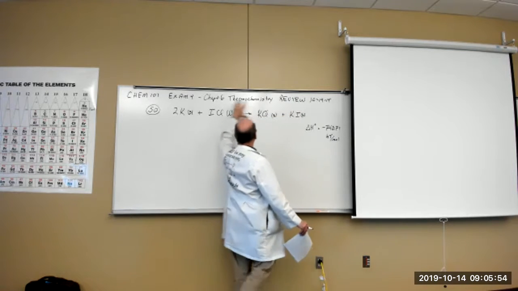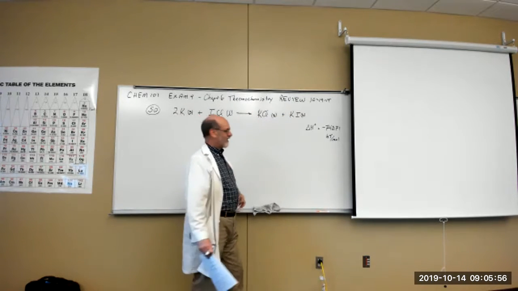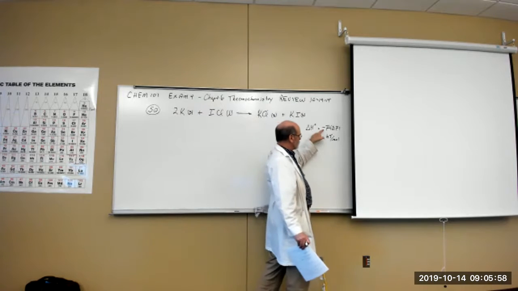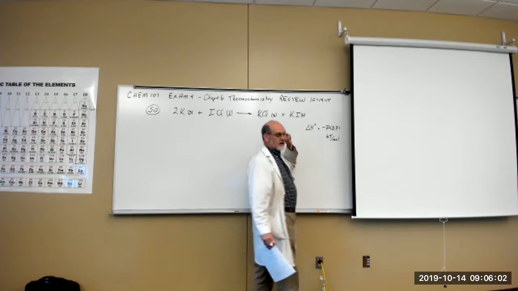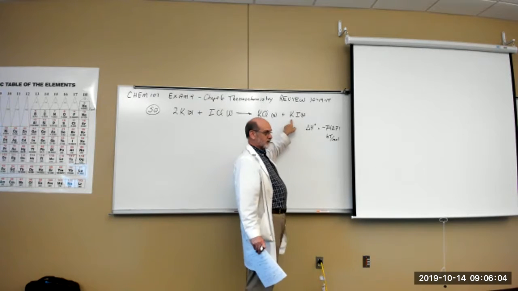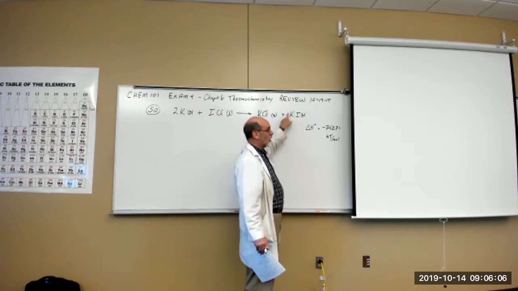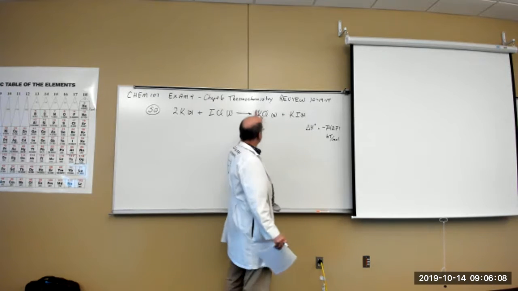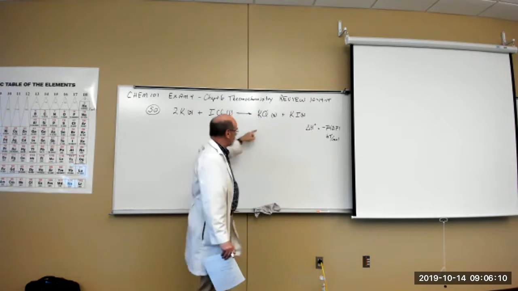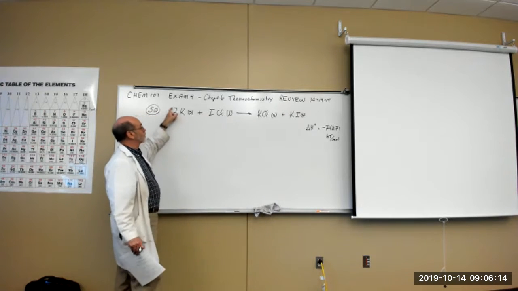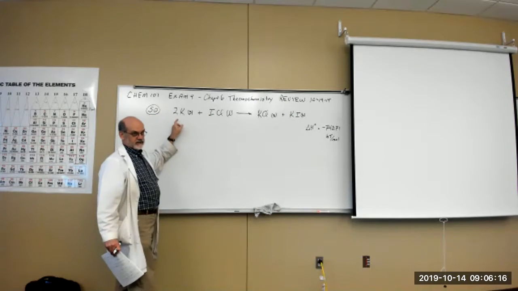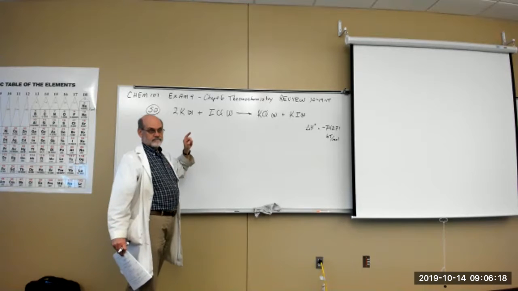That's a whole mole of an equation, right? I just say that value in kilojoules is for this equation. If you're focused on this one, it's per 1 mole. If you're focused on that one, it's per 2 moles of potassium. See what I mean? Okay.